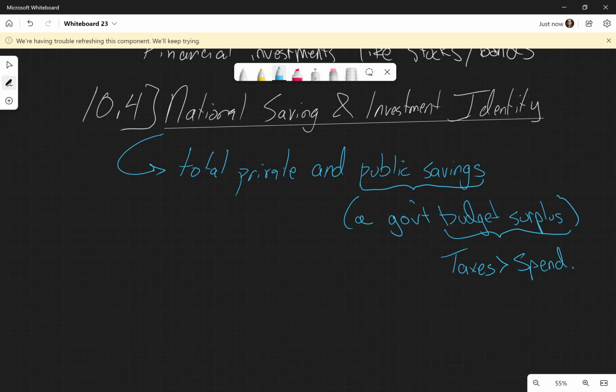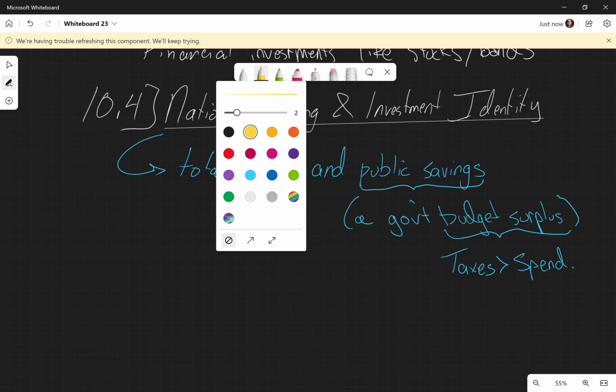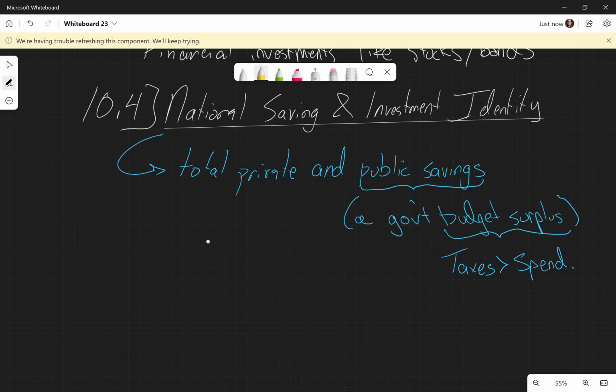So our national savings and investment identity is going to be, so we'll have it be our supply of financial capital on the left, and we have our demand for financial capital on the right.